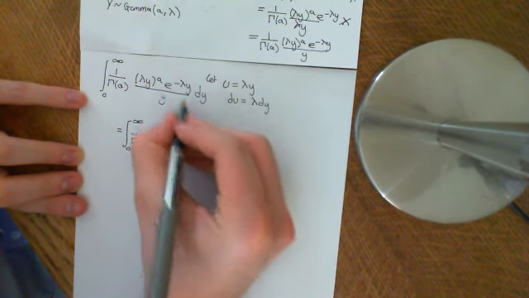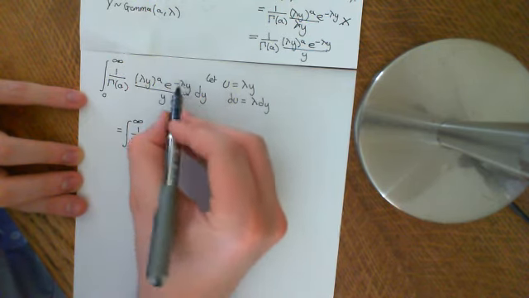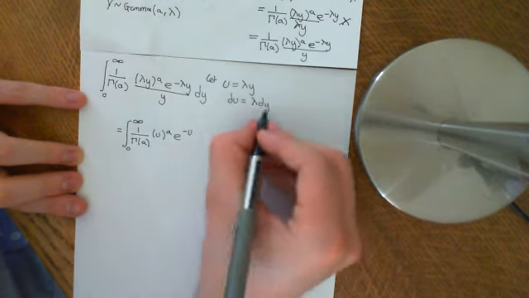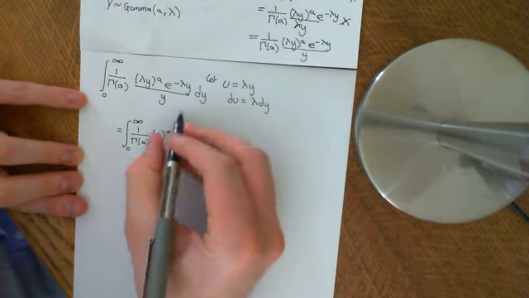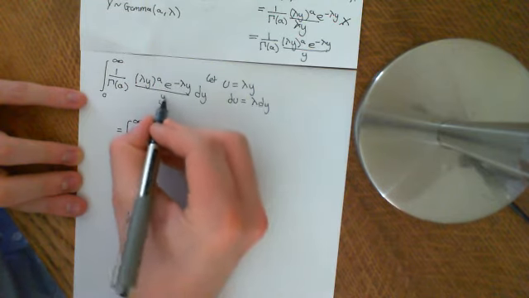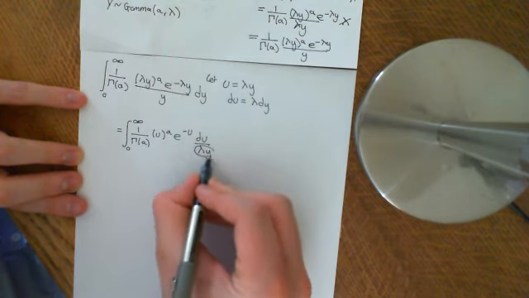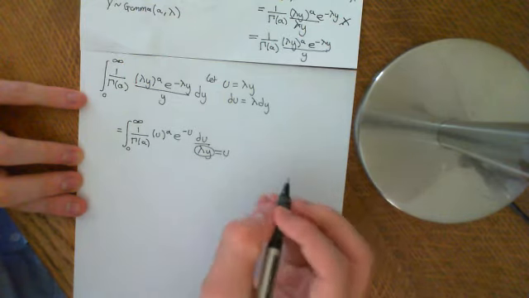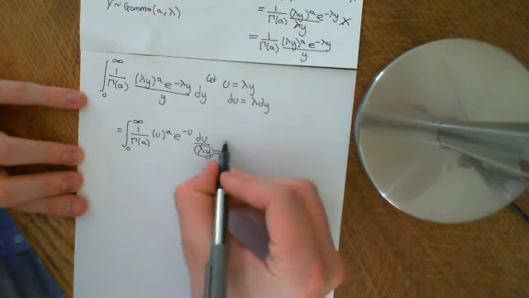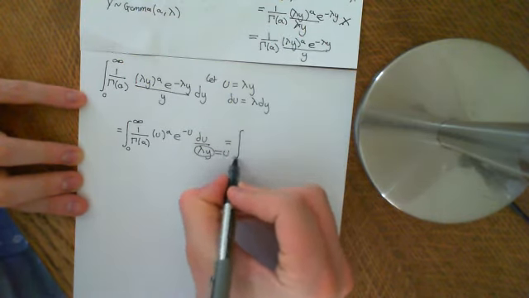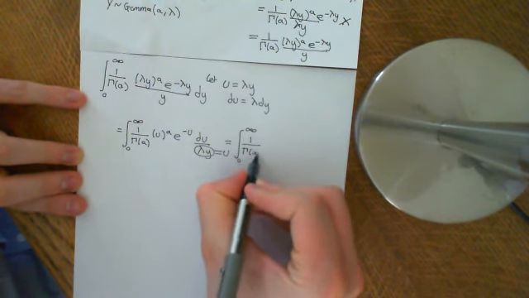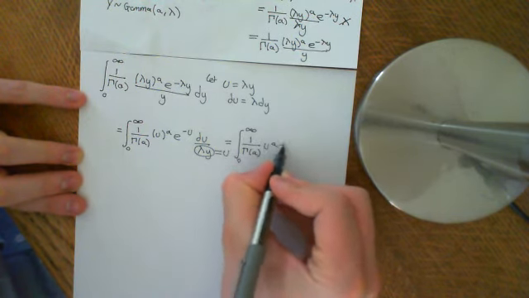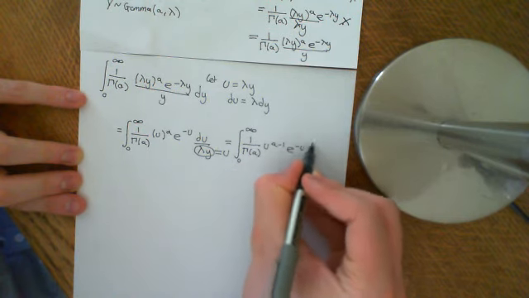We replace e to the negative lambda of y with e to the negative u. dy gets replaced with du over lambda, and now that lambda combines with the y from underneath, and these two together give us a u. Combining that, we get the integral from 0 to infinity of 1 over gamma of a, u to the power of a minus 1, e to the negative u du.